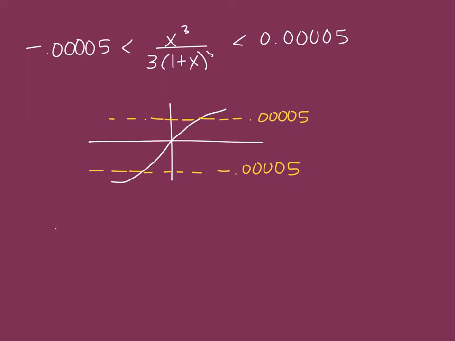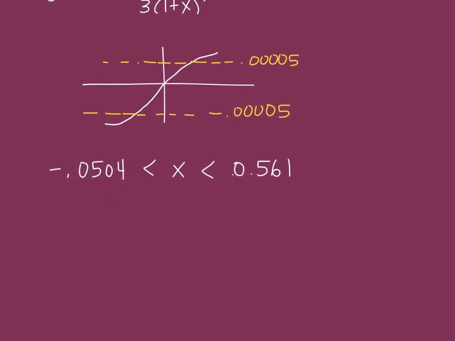So I got negative 0.0504 for the bottom one, and I got 0.561 for the top.